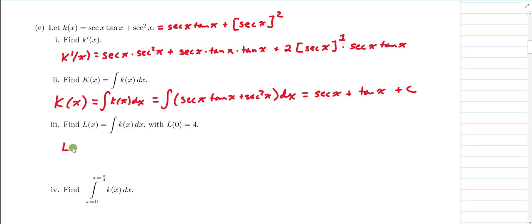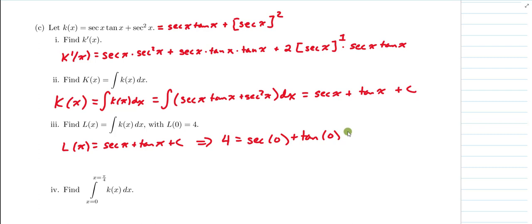So we've already done the work, so we know L of x from this work above is going to be the secant of x plus the tangent of x plus c, but when we plug in 0 for x, L of 0 needs to equal 4. So I'm going to say that 4 needs to equal the secant of 0 plus the tangent of 0 plus c.